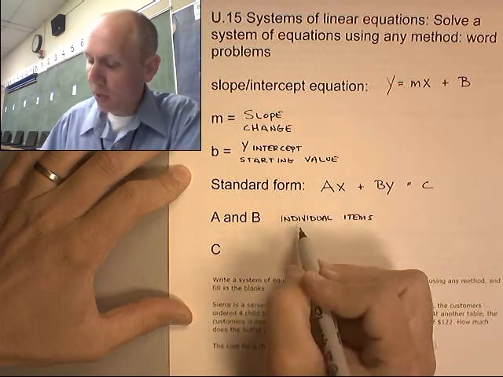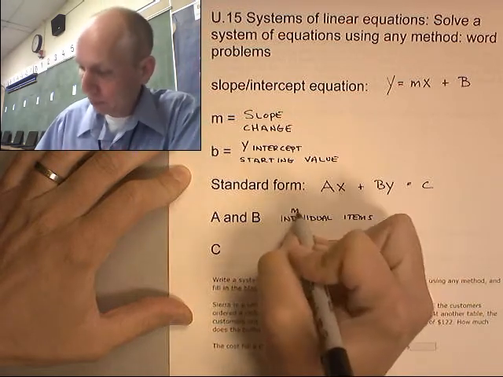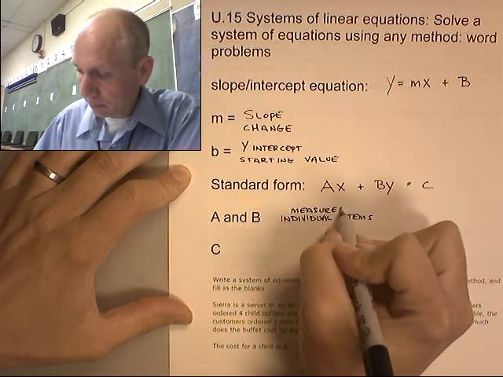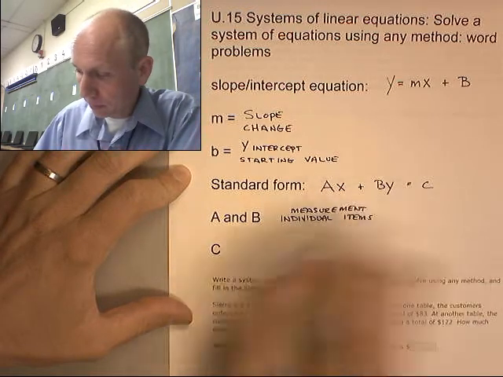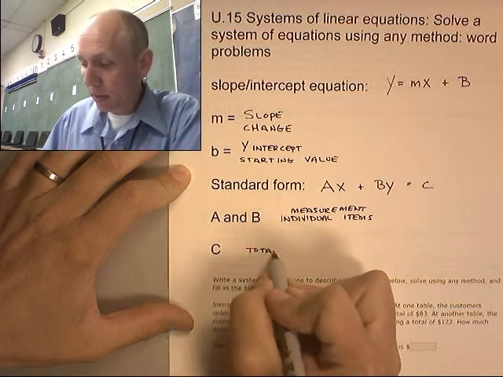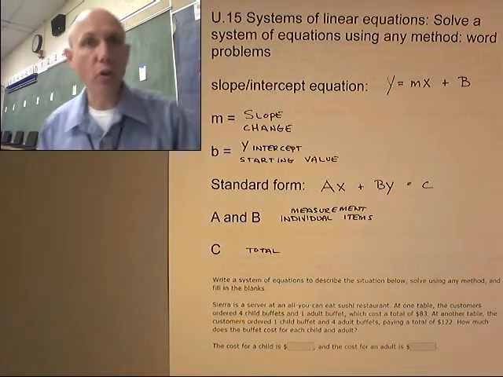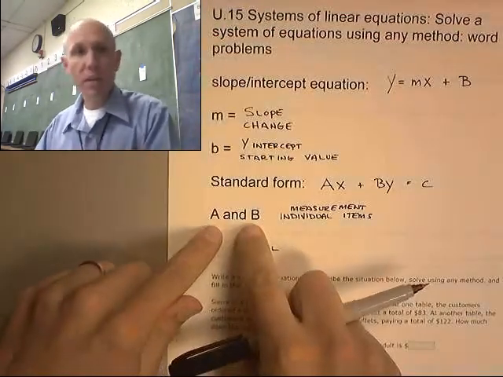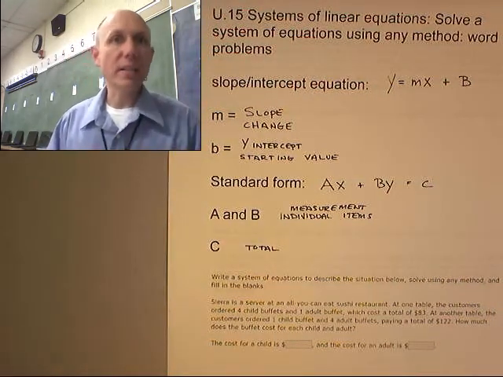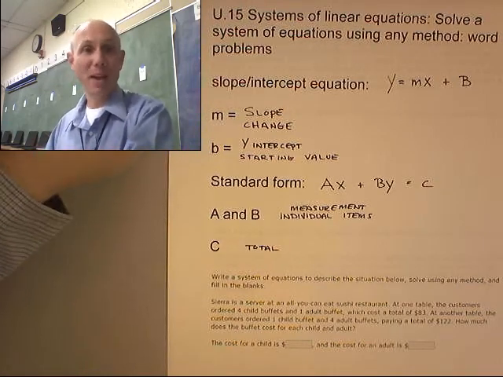But more importantly, a measurement, some kind of a measurement of an individual item. And C represents a total, maybe a total cost or a total weight. And A and B represent individual costs or weights. All right. So I spent 3 minutes and we haven't done any math yet.